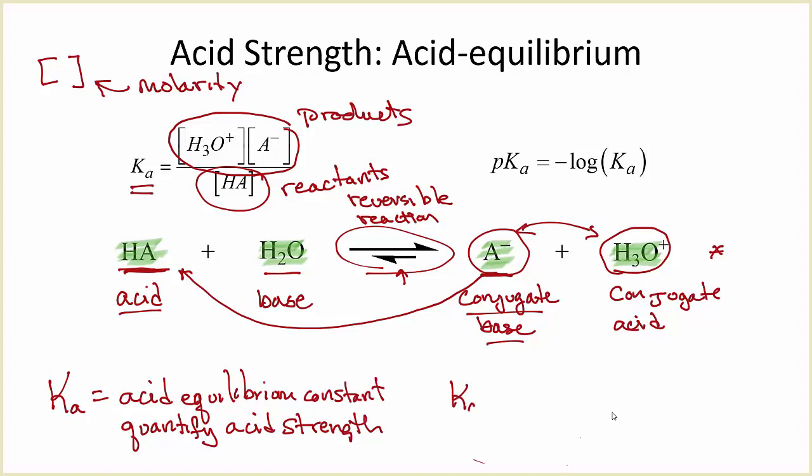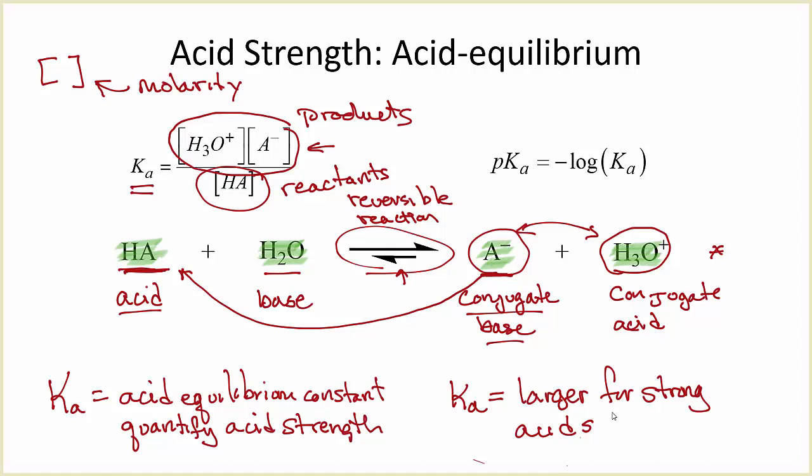Ka for a strong acid would be large, because the numerator, the top part of the equation, is going to be big and the bottom part of the equation is going to be small. Now the opposite is true too. If an acid is weak, that is, doesn't give up a lot of hydrogen ions, then Ka will be small.